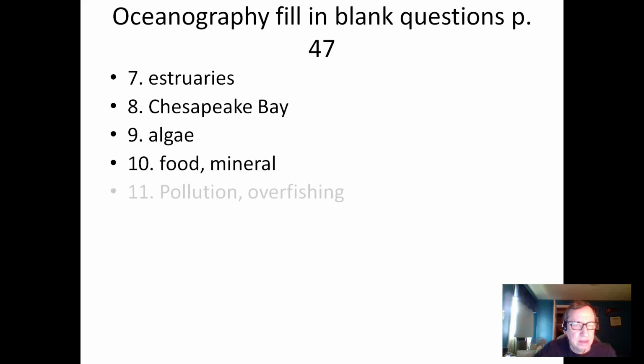Number 11, pollution and overfishing can harm or deplete valuable resources. In fact, one of the things that I notice changes in the SOLs over time is there's a greater focus on the damage that we're doing to the oceans, and of course the number one thing that people are thinking about today is all the plastics that are being put into the ocean, not just things like bottles and so on, but ground up plastic, the microplastic that can damage invertebrate organisms like clams.